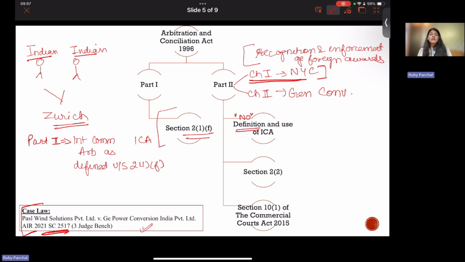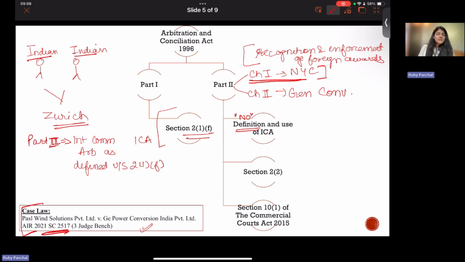So one of the main contentions was that Part 2 of the ANC Act would only be applicable to foreign seated international commercial arbitrations, and these international commercial arbitrations would be as defined in Section 2(1)(f), right? All right. Now, how did the Supreme Court contemplate this argument or test this argument essentially?